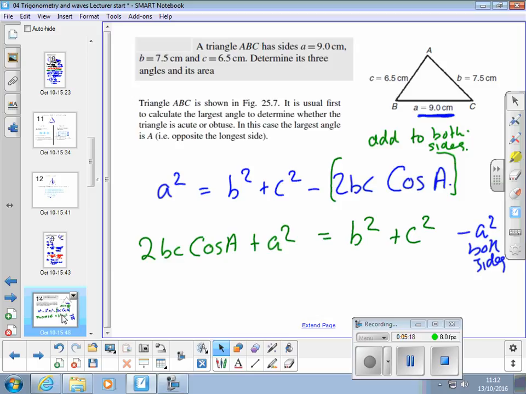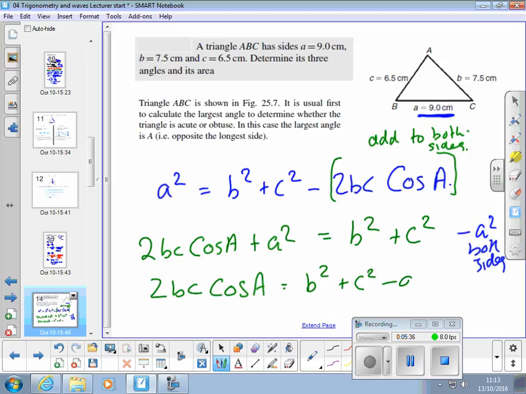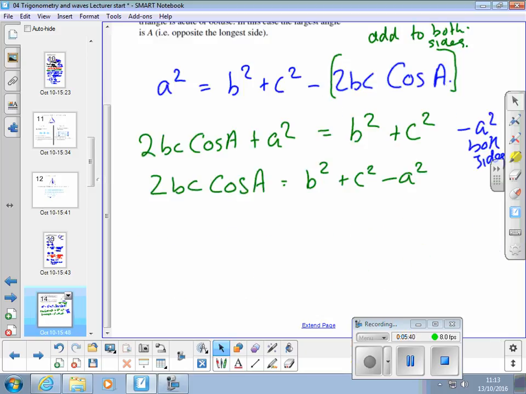So we've got 2bc cos A is equal to b squared plus c squared minus a squared. Next bit, divide by 2bc.